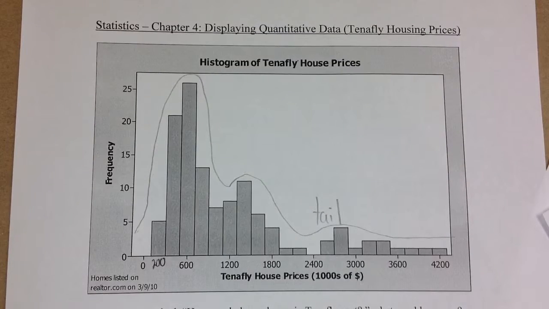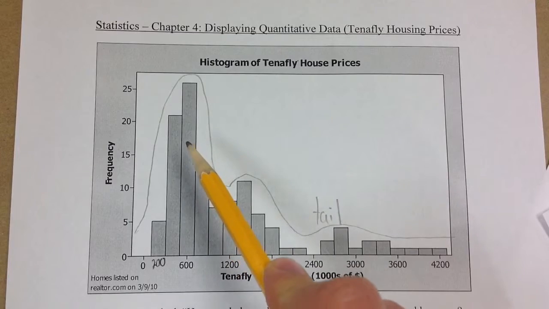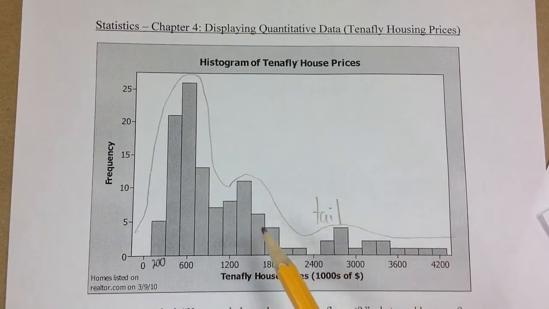There's no objective measure. I would consider this to be potentially multimodal. I see this as the definite primary mode, centered at $600,000. I think we can all agree there. However, it looks like we have another mode at 1.4 million. This could be a distinct classification.